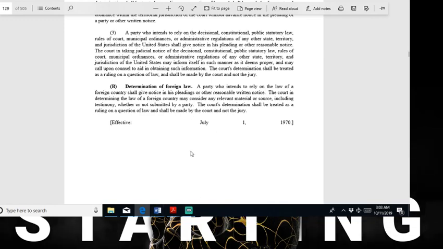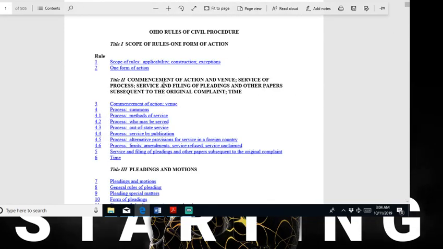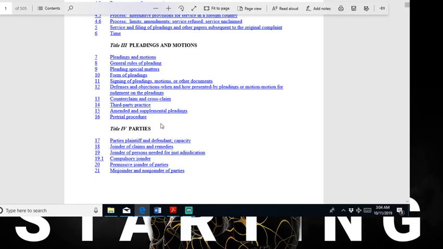I already went over some of this, but let me get back into this. A lot of people don't understand these rules. They don't understand how to apply these rules. They don't understand how to go about making these rules applicable. They don't understand how to do the process and how all this stuff works.